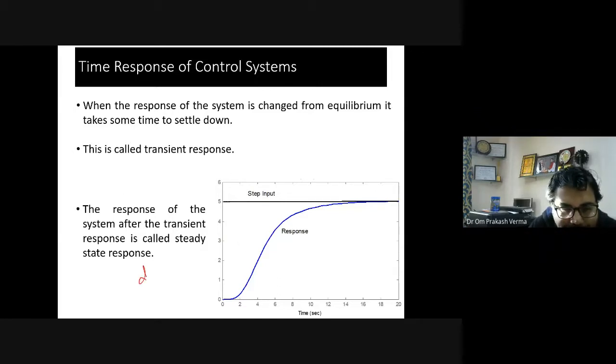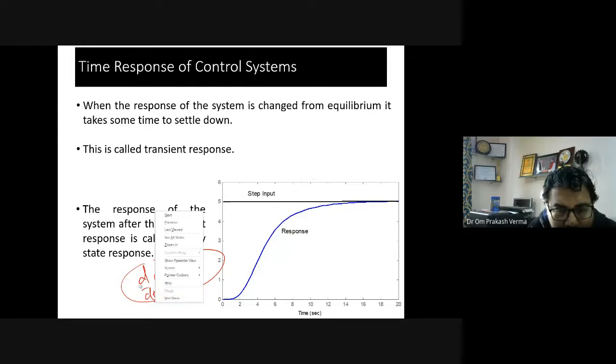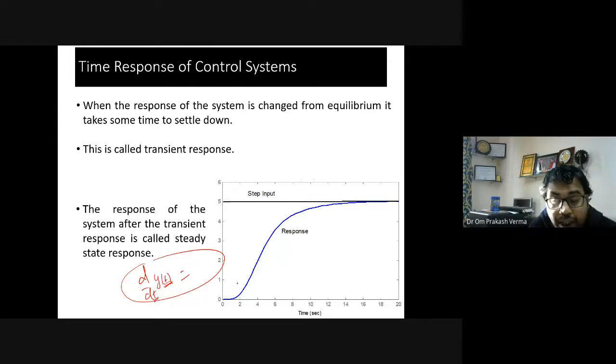हमने dy by dt का जब भी केस होगा, as you know that the dynamic model dy by dt, when you are going to solve this equation, y(t) is going to change with the time, and it will take some time to settle or to achieve the equilibrium.